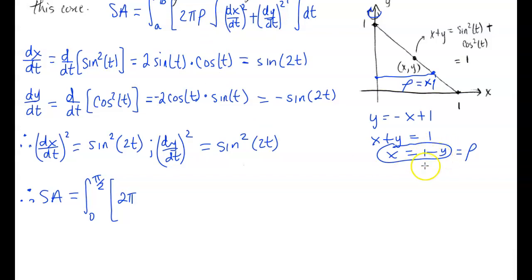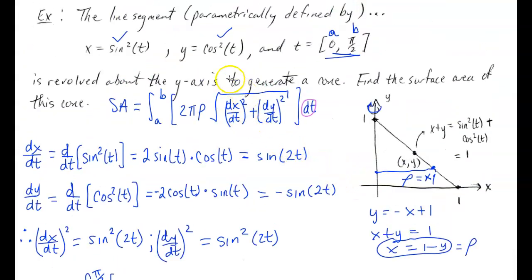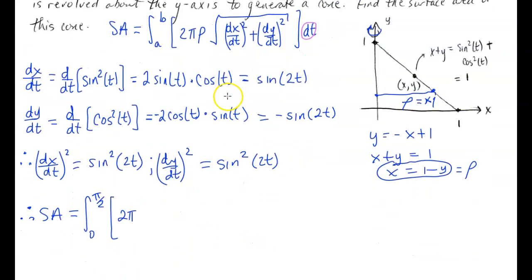Okay, now this is a good thing, but it's also a bad thing. The reason why it's bad is because notice here that we are integrating with respect to t. Since we're integrating with respect to t, we need to have x written in terms of t. But remember, y is defined as cosine squared of t.